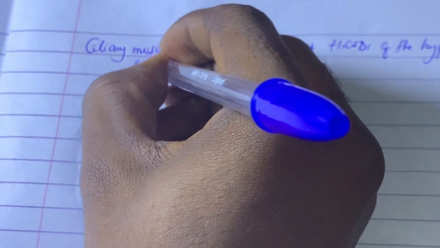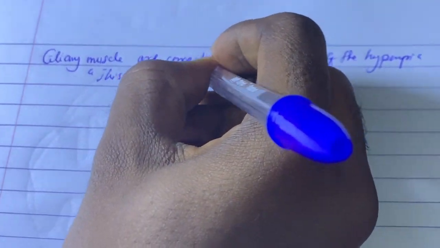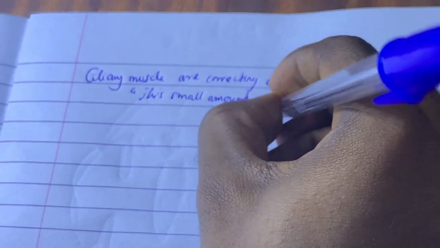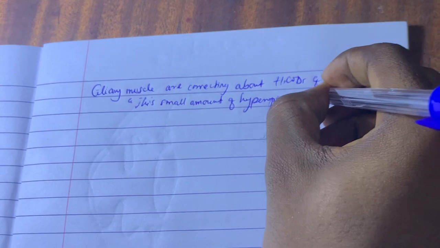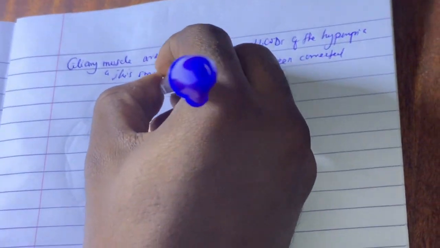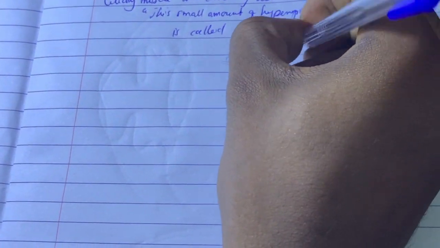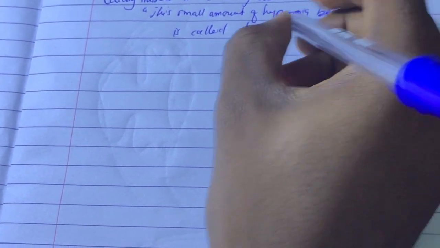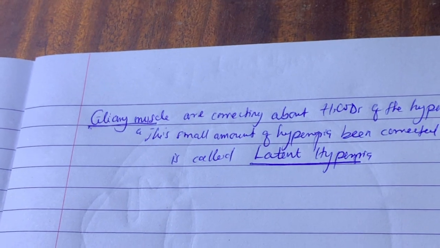This is a small amount, and this small amount of hyperopia being corrected is called latent hyperopia. The ciliary muscle is correcting my hyperopia.